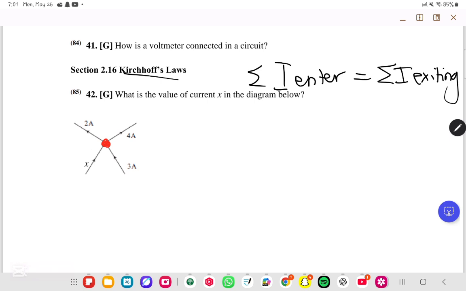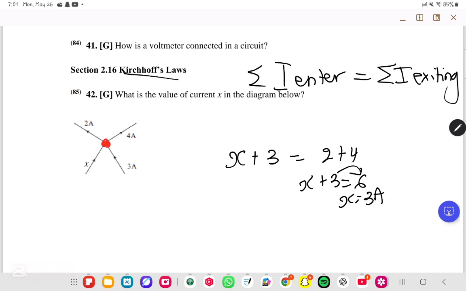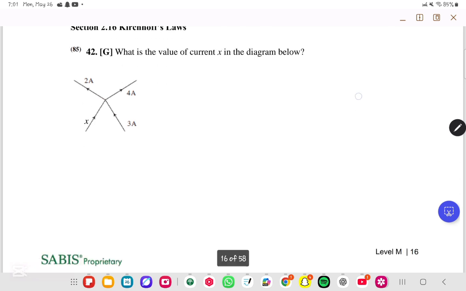Please pay attention to how they are directed. So how they are entering the junction is going to be equal to how they are exiting the junction. Entering the junction, it is x plus 3. It's equal to 2 plus 4. So x plus 3 is equal to 6. Move this to the other side. x is equal to 3 amperes. Very simply, you found the value of x.